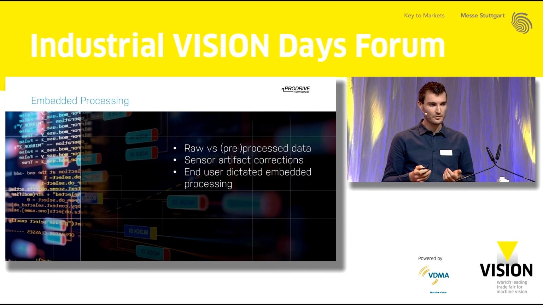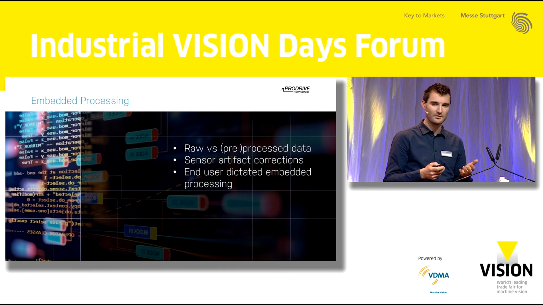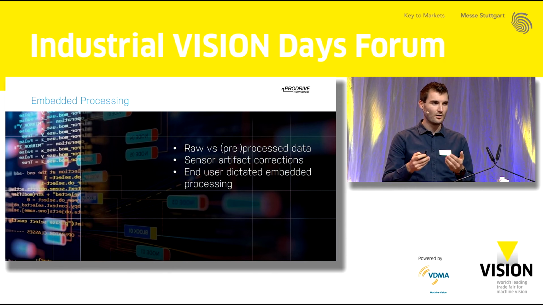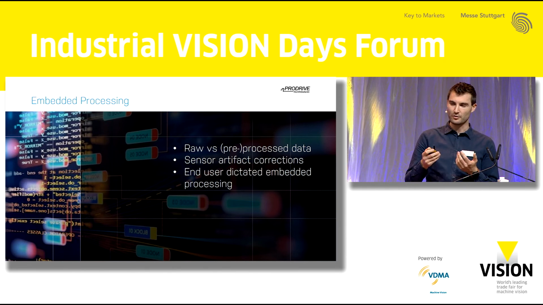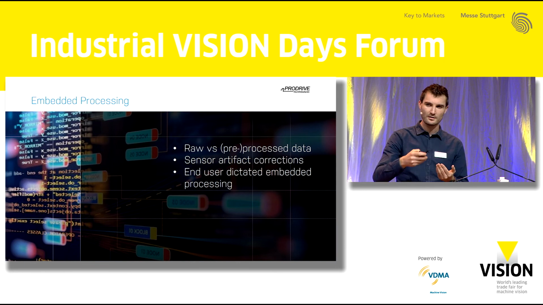But we offer as well some embedded processing dictated by the end user. It could be that they are really coding on top of your platform, or that they are providing example code like a MATLAB or a Python script, and that we are integrating that in the camera.